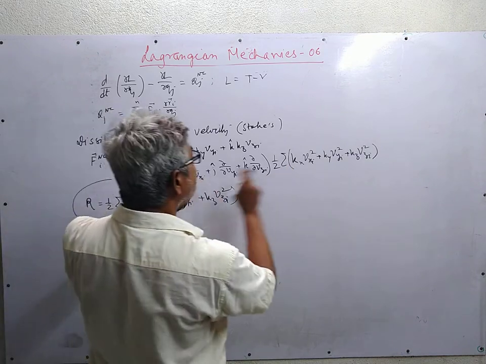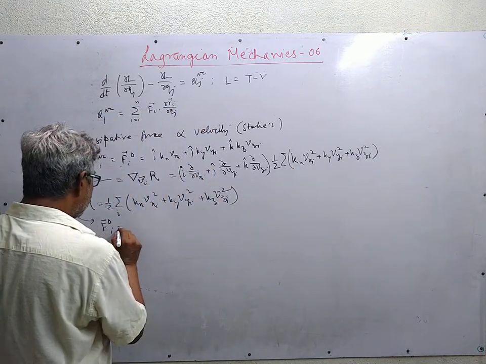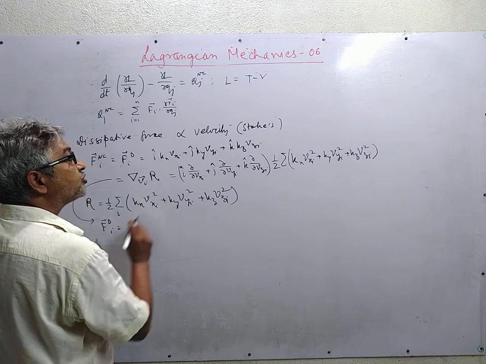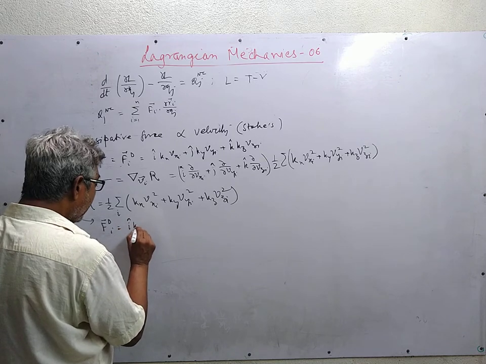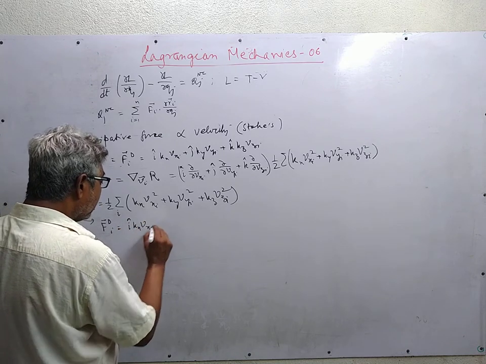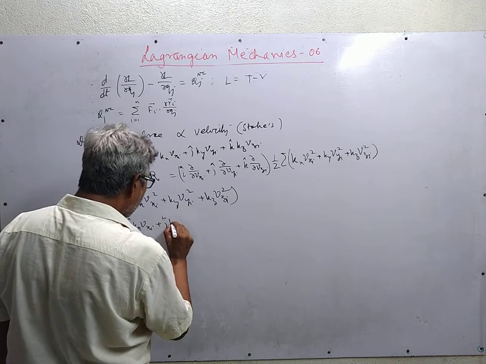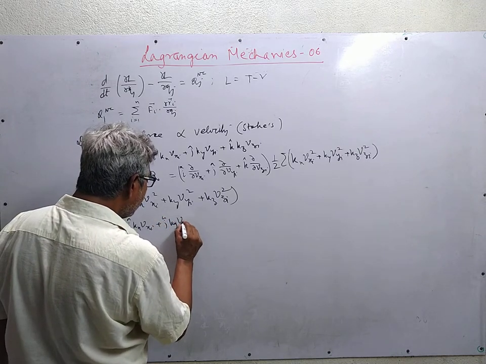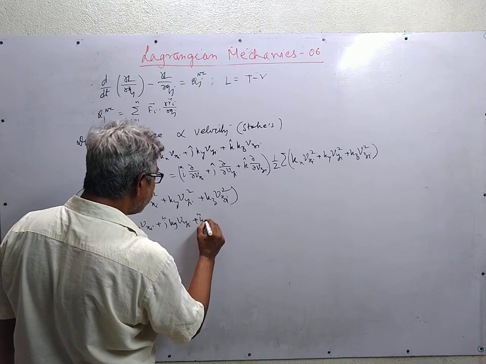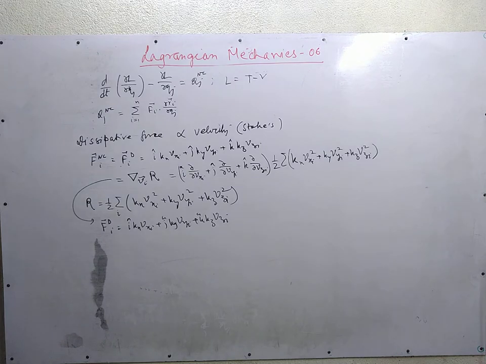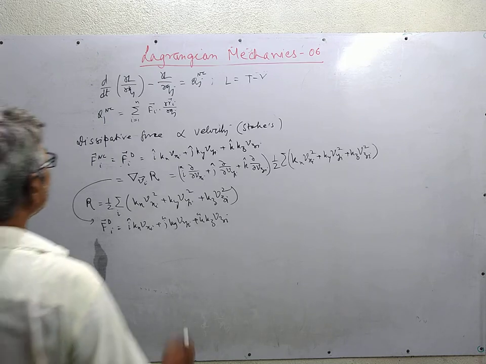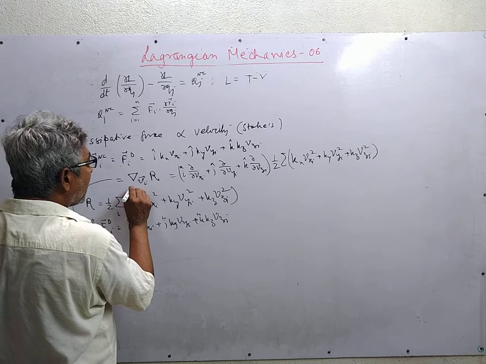When this operates on R, the frictional force on the ith particle becomes i cap kx Vxi plus j cap ky Vyi plus k cap kz Vzi. So this is indeed the frictional force acting on the ith particle, and we can write the non-conservative frictional force as this.